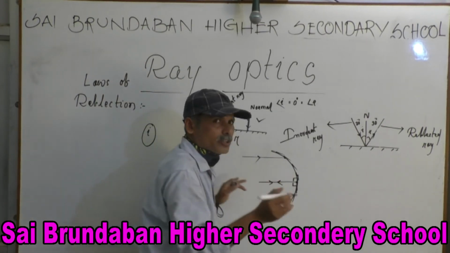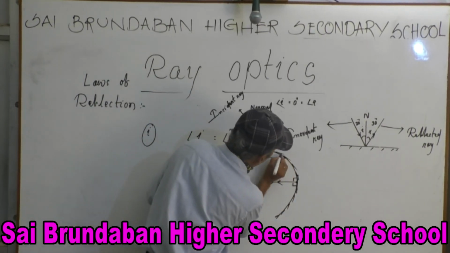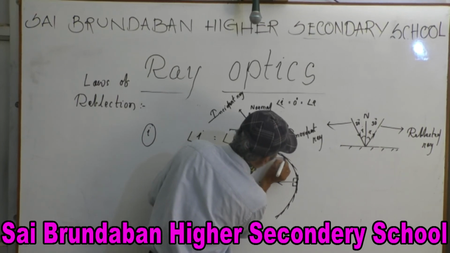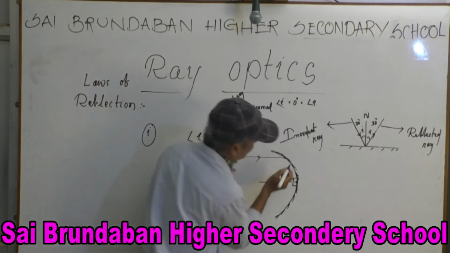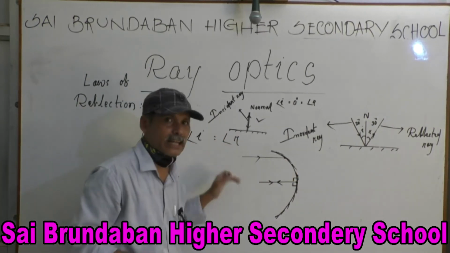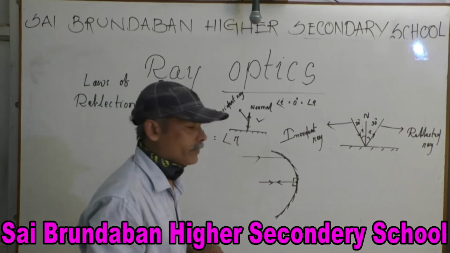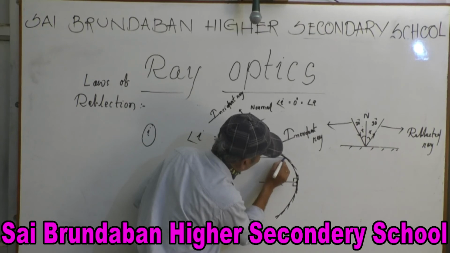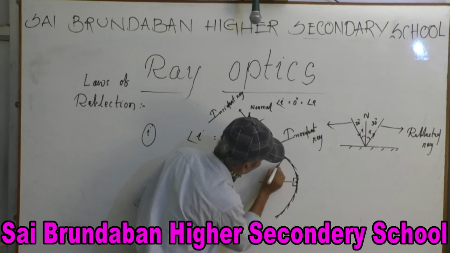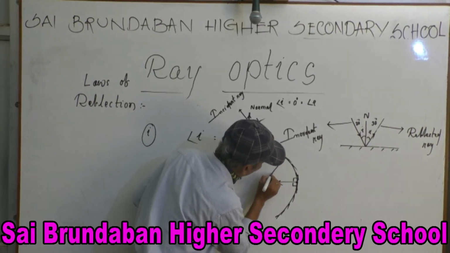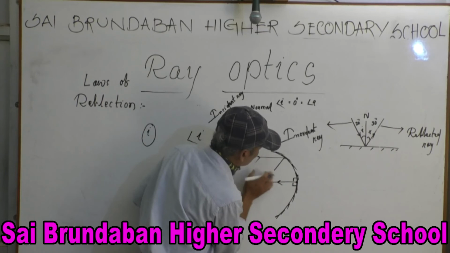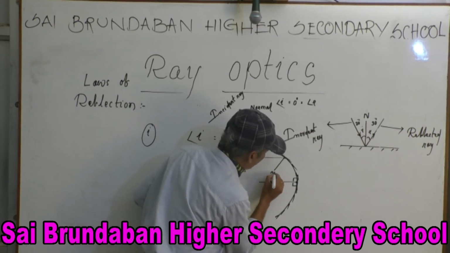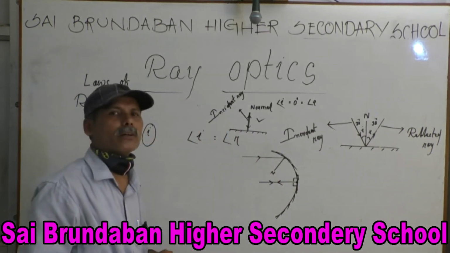So now draw a tangent. You know what is tangent? Sparshaka. Draw the normal. This is N. This is the normal.